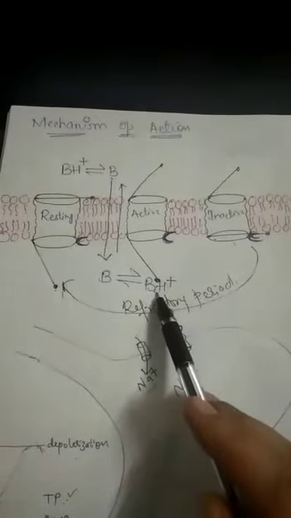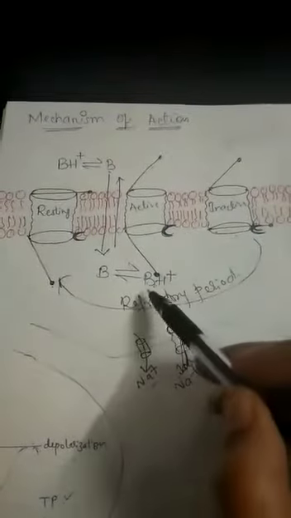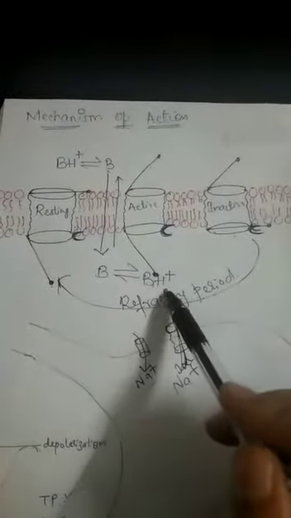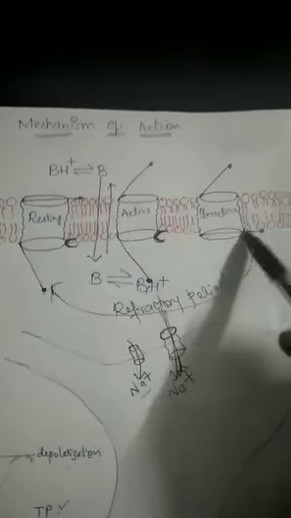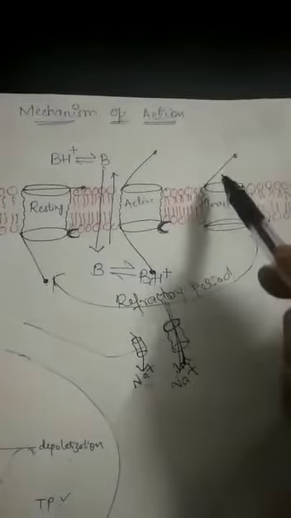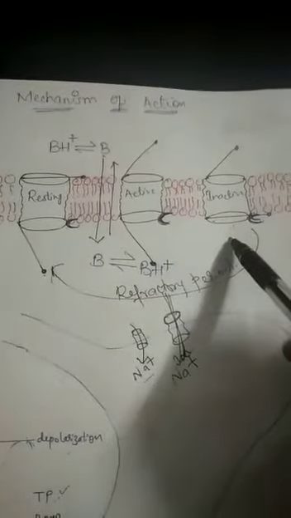Now, once it has crossed the membrane and bound with its receptor, it will mainly bind to the inactive form, when the voltage gated sodium channel is in the inactive state.